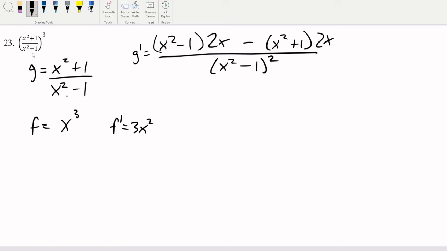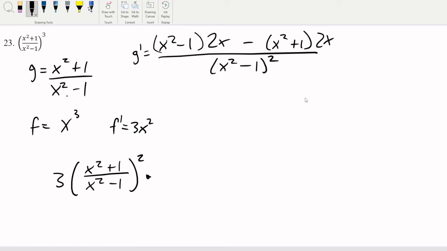Your outside function, take its derivative. So this is going to be 3, and then don't plug in x squared, right? You've got to plug g back in. 3 times x squared plus 1 over x squared minus 1, squared, times, and then now we've got to do this g prime. So you can just leave it like this.